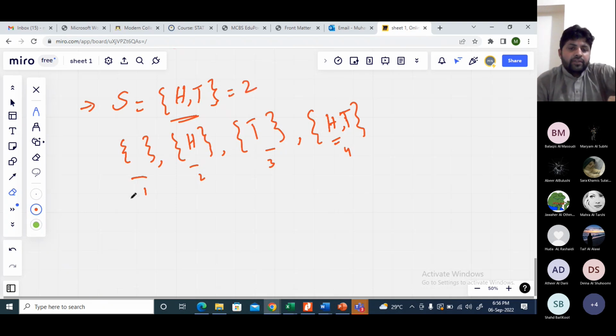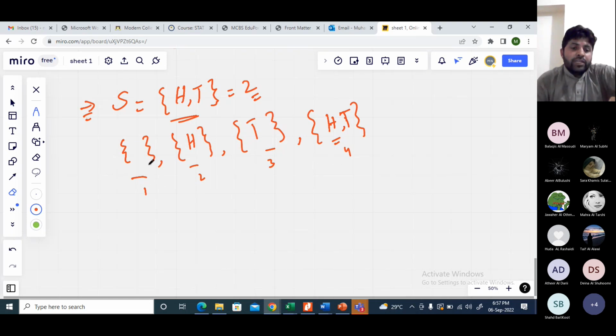If your sample space has 2 points, head and tail, then how many subsets are there? The subsets are 4.